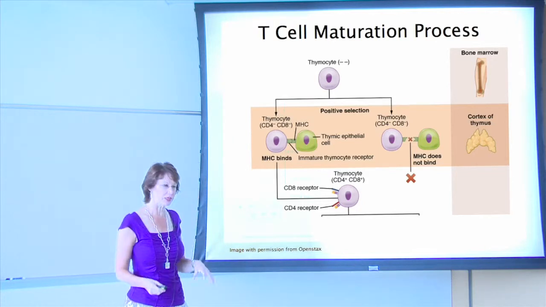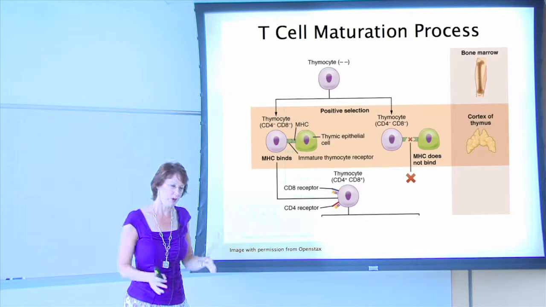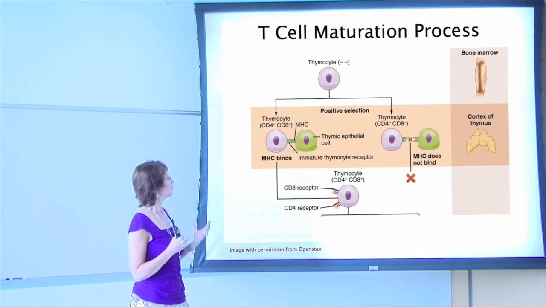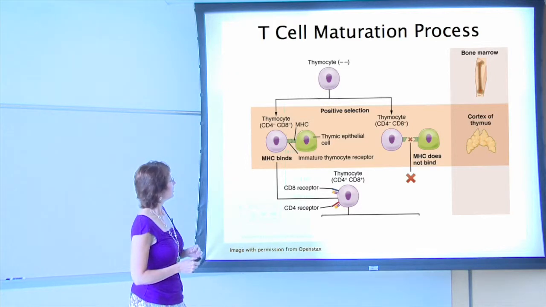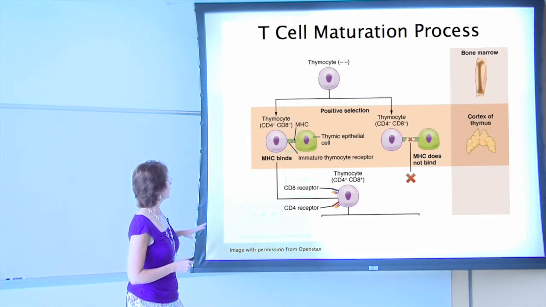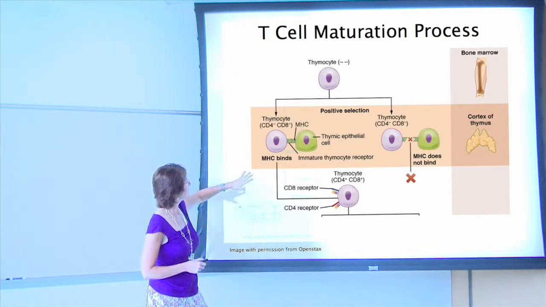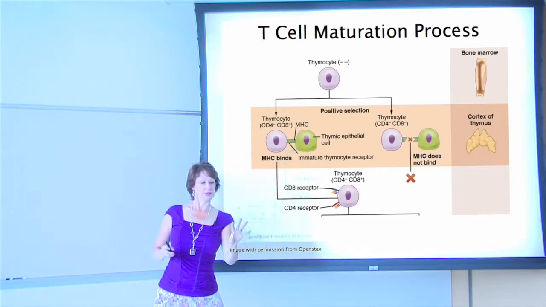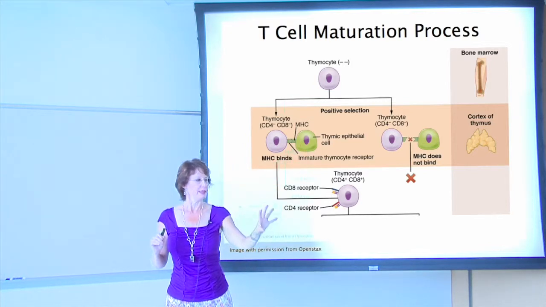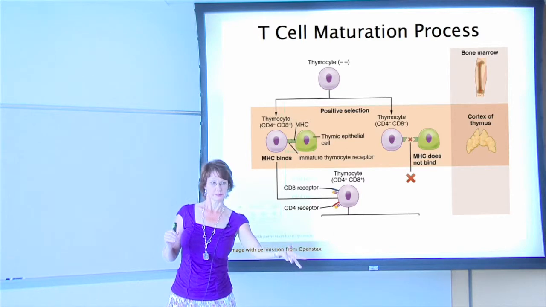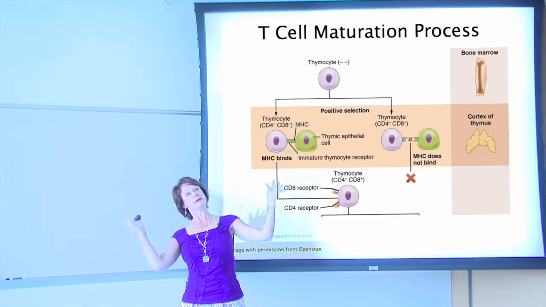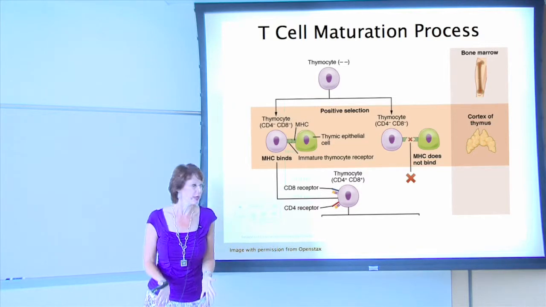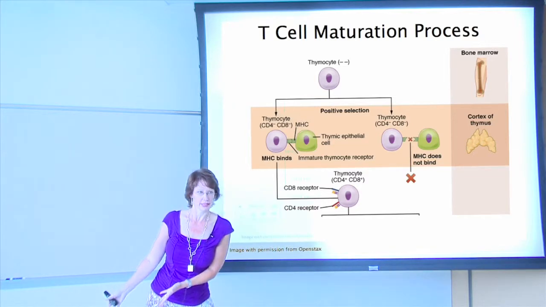So the T cells go in, and the first part of their schooling, their first major test, is called positive selection. So in positive selection, they look at the T cells and see if the receptor that they made can bind to MHC. If their receptor can bind to MHC, they pass that test, they're able to graduate, and they go on to the next test.